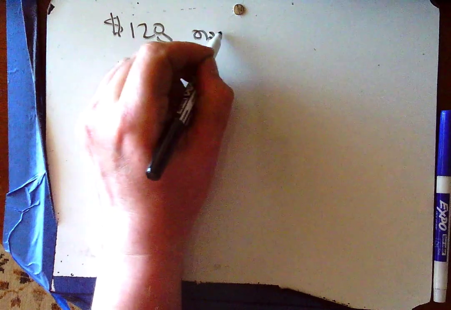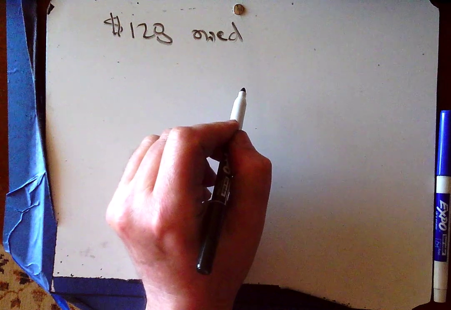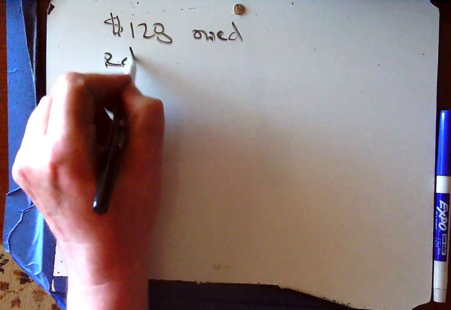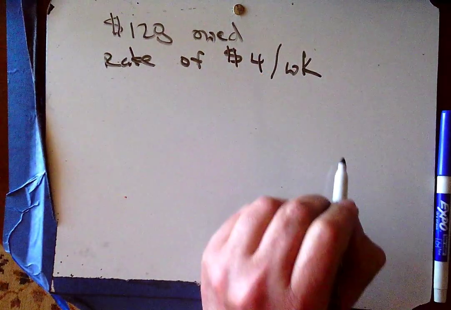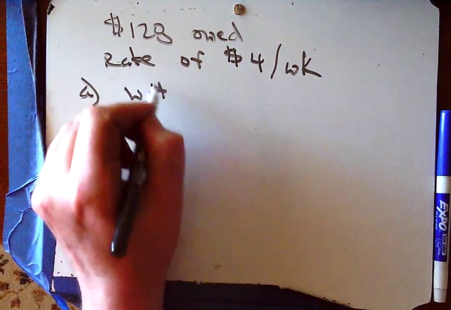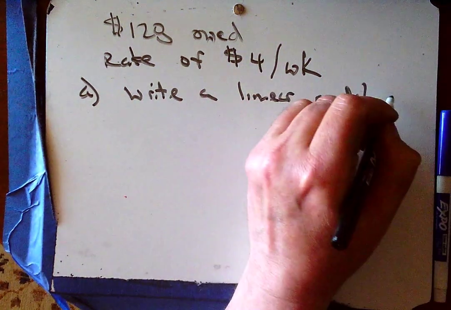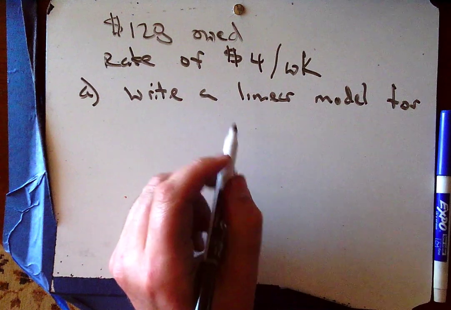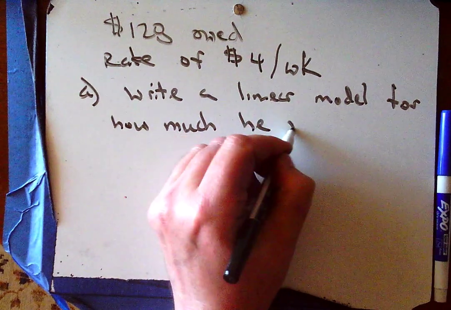Okay? All right. So your brother owes you $128. And he pays off at a rate of $4 per week. Part A, write a linear model for how much he owes.